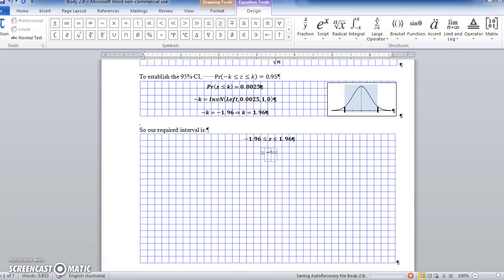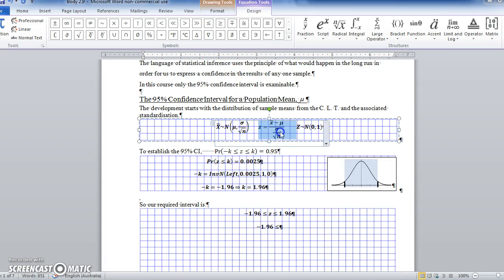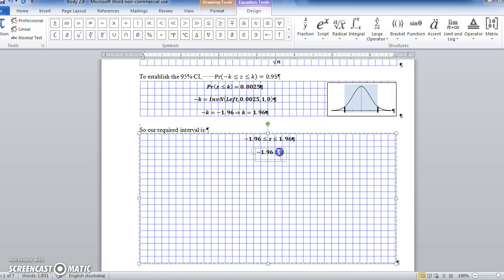Okay, so that means that negative 1.96 is less than or equal to, and I'm going to cheat here, so I'm just simply going to copy that there and remove the Z equals. If we just substitute this value in here for Z, it's exactly the same thing, because that's what we established earlier. So that's going to be less than or equal to 1.96.